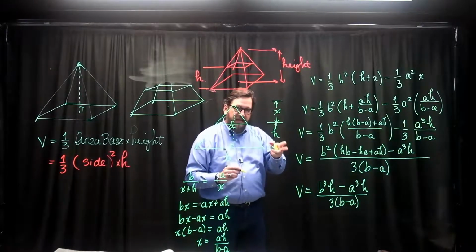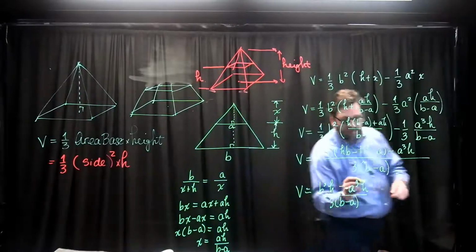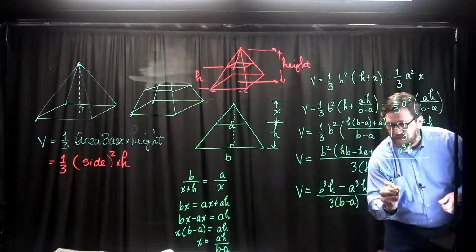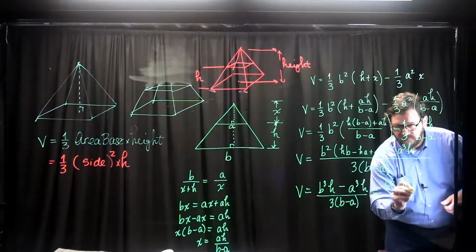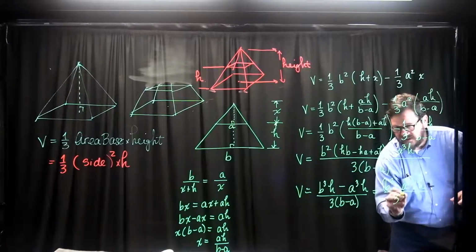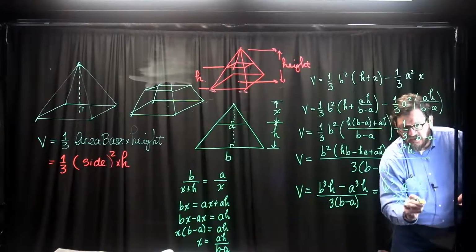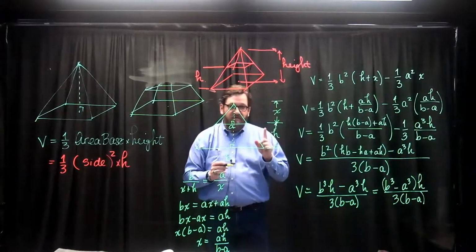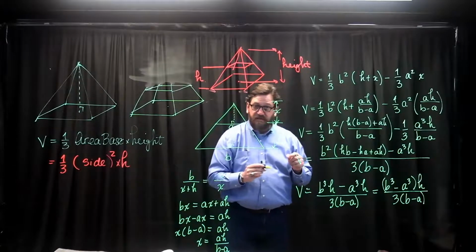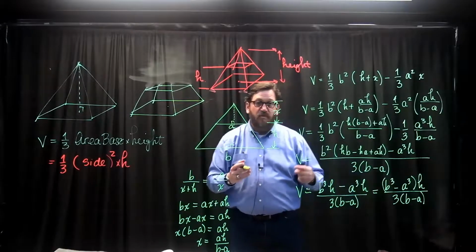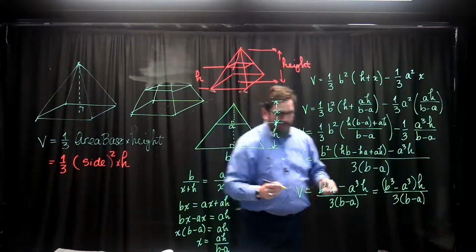I'm going to pull that h out for a minute because I think it's in the way. So I'm going to have b cubed minus a cubed all times h over 3 times the difference in the bases. Now notice, if we remember our college algebra, which I certainly hope we do, b cubed minus a cubed is one of those known forms for factoring.